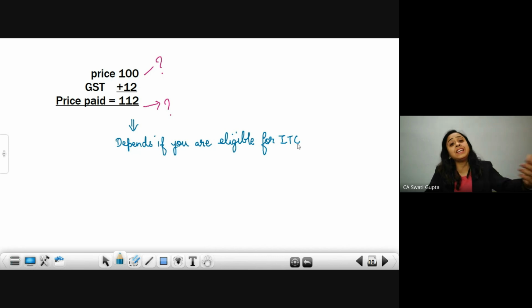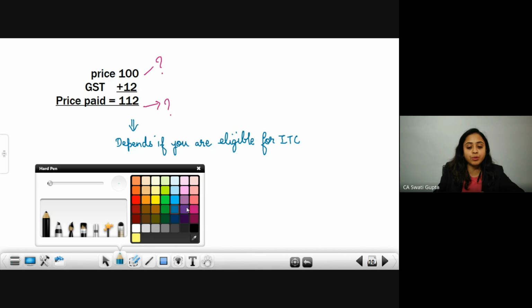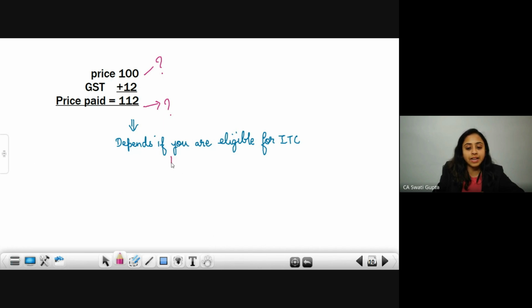Whereas any other business who is registered with GST can claim input tax credit, ITC, of the GST, and can use it further for set off with the output tax of GST. In that case it will differ.